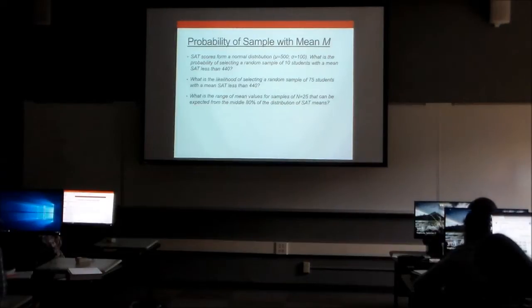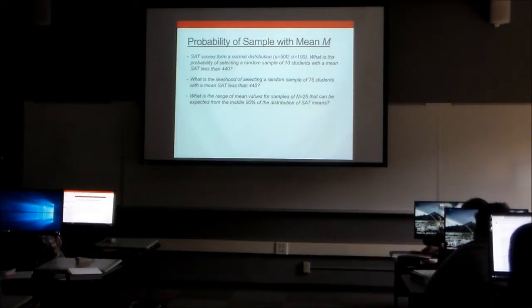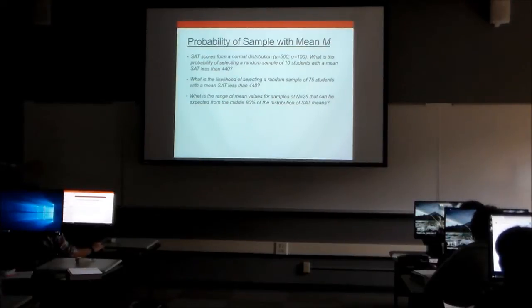So what we can do now is, how are we going to determine the probability of selecting a random sample of 10 students with a mean SAT score of less than 440? What are we going to go to here?